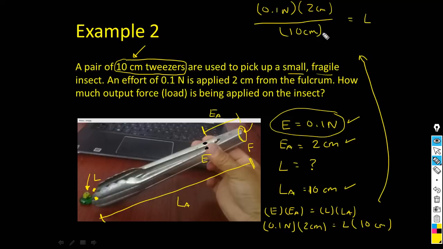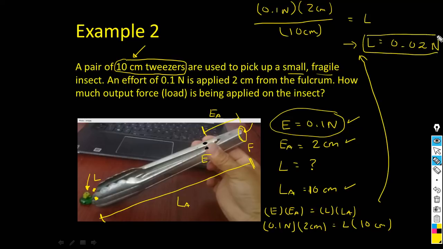So let's calculate this value, guys, please. Okay, and we're gonna get that the load in the end is going to be equal to 0.02 newtons, like that.